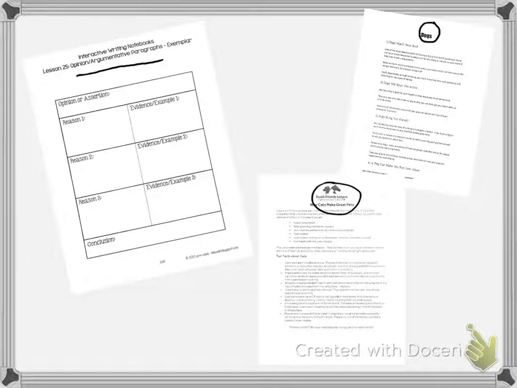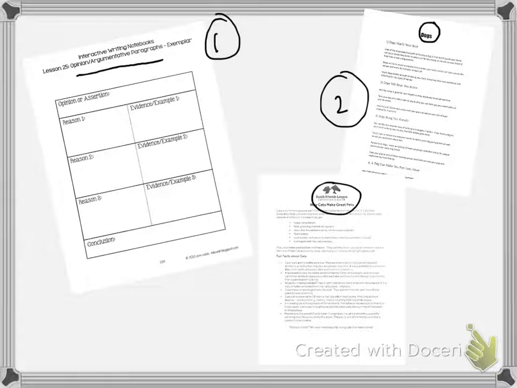You will need all of these materials. You will need your outline, and I would probably do it on paper, and you will also need your articles. So the first step is to read your articles. One is about dogs and one is about cats and why they're both great pets.